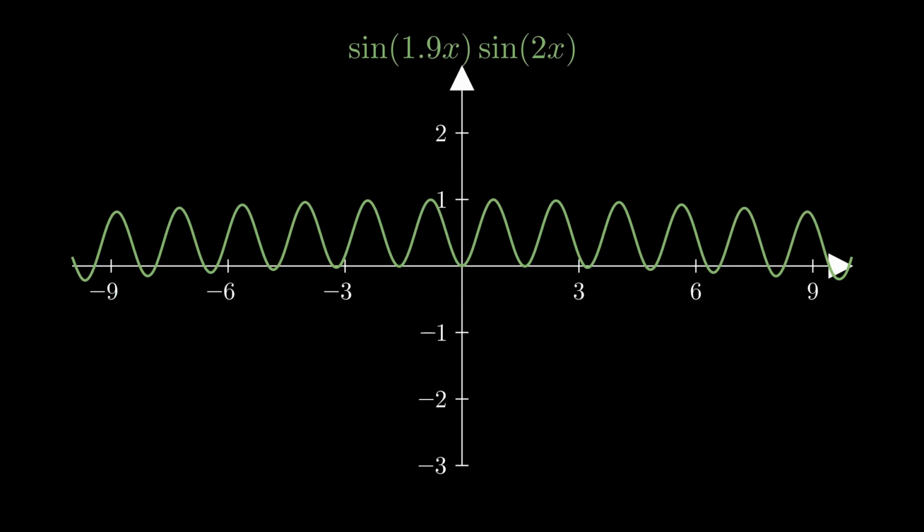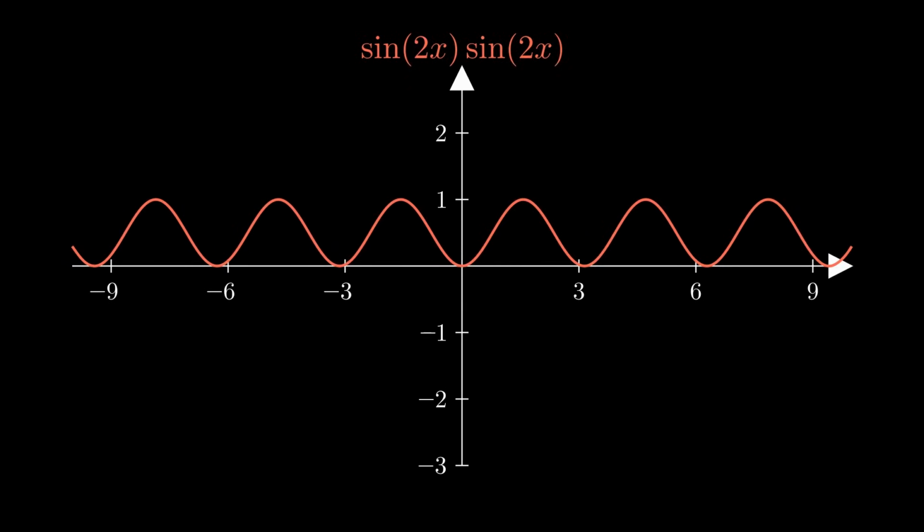Now let's try this with a different sine wave, keeping the original, but a new testing curve that is much closer to the original. Here the same thing happens, although it's much more subtle. The infinite integral is still 0 for the same reason. Something different happens, however, when our testing curve is identical to the original sine curve. Now all of the area is above the x-axis.